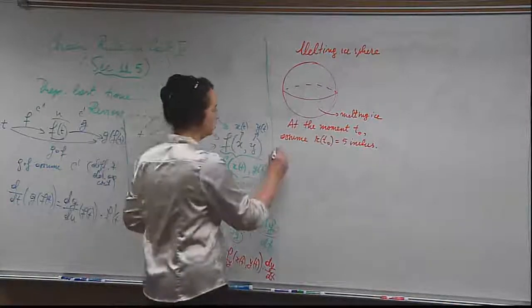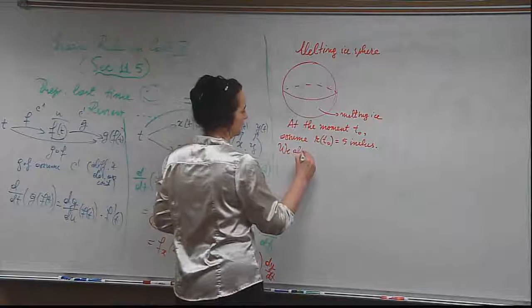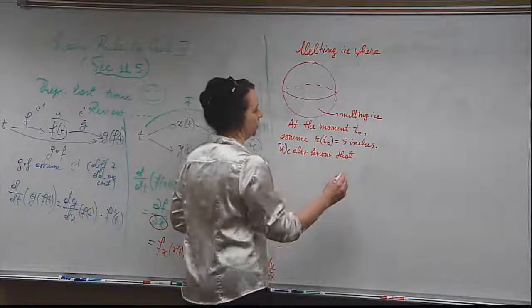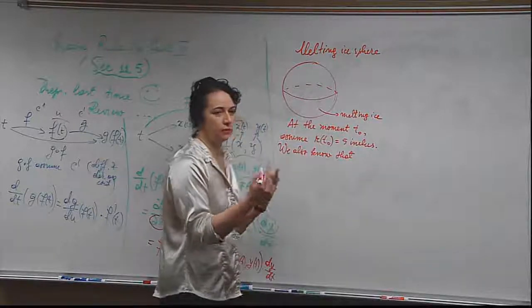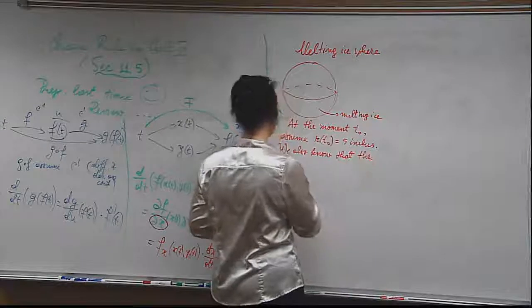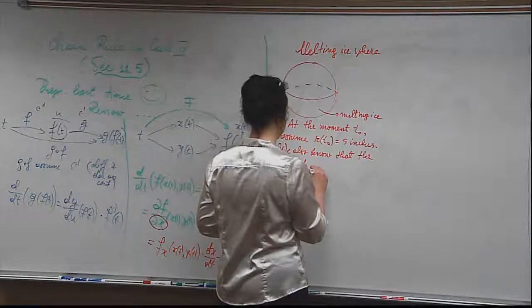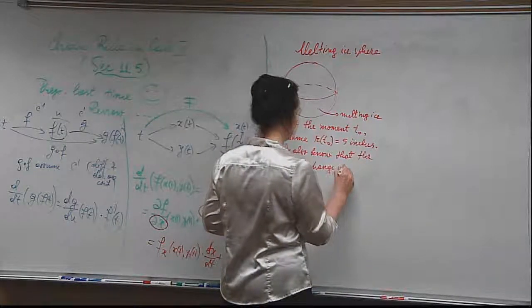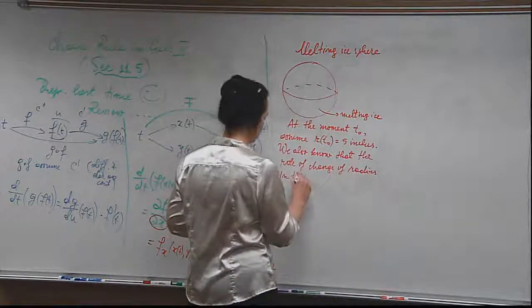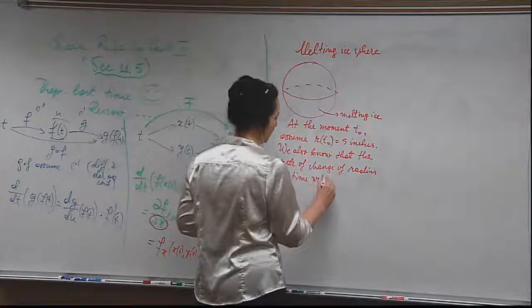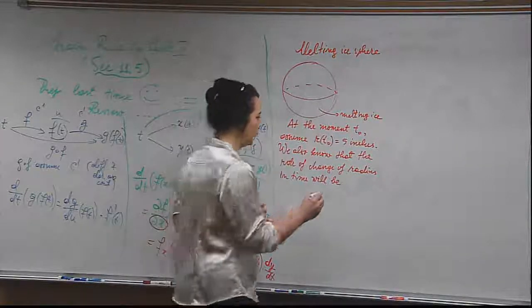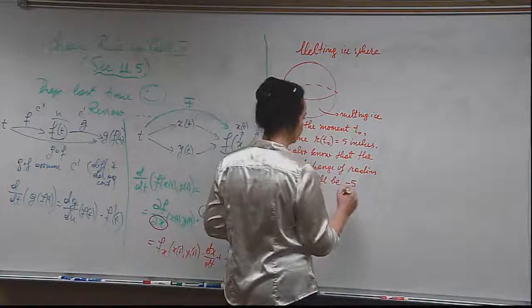We also know that the rate of change of the radius in time will be -5.